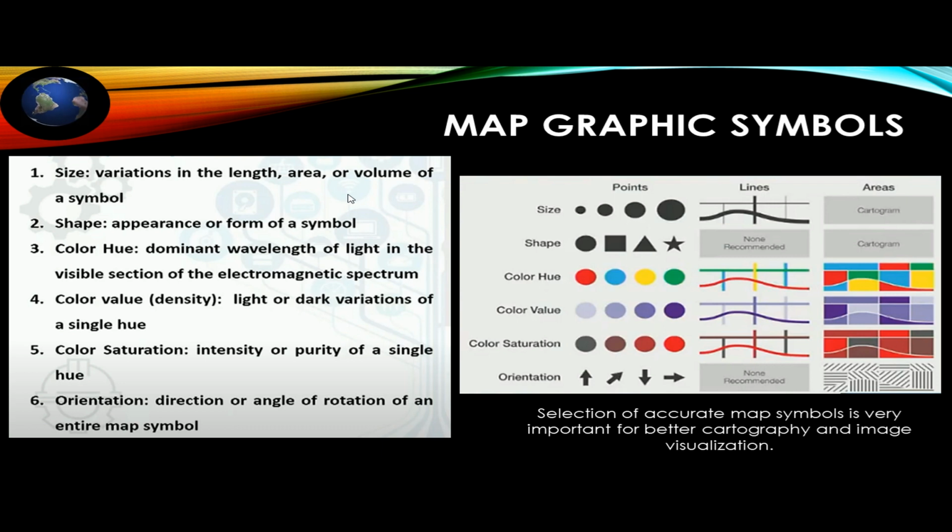Orientation is the direction or angle of the rotation of an entire map. Like I told, there should be a north arrow to understand. Okay, this is the map of India. In that Indian map, I am selecting this state, this district, or this region of interest I am having, and in that region, where is the north, where is the east, where is the south, where is the west.